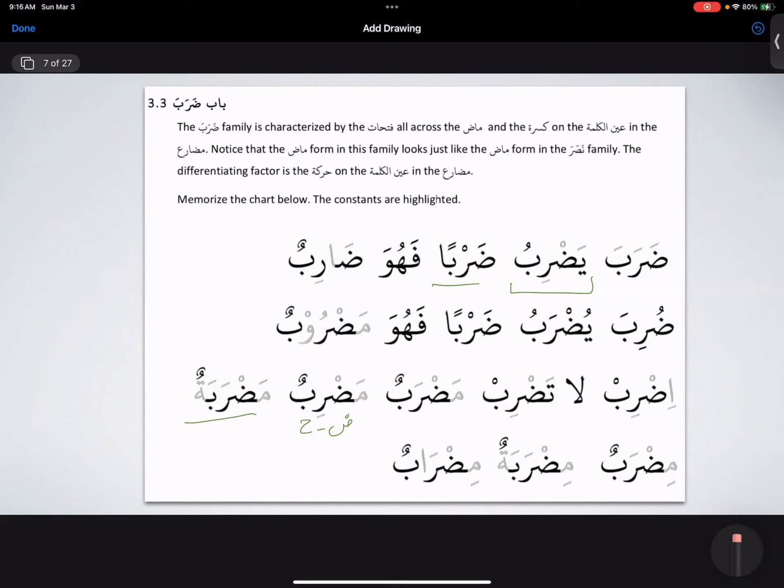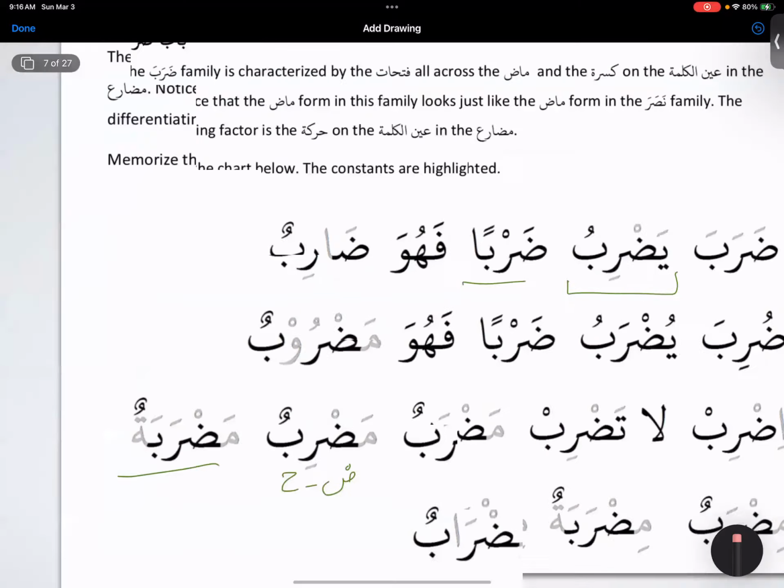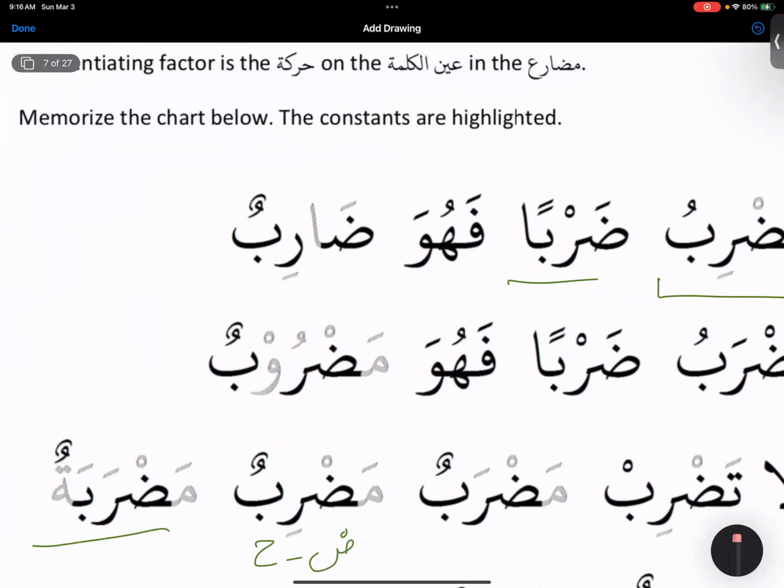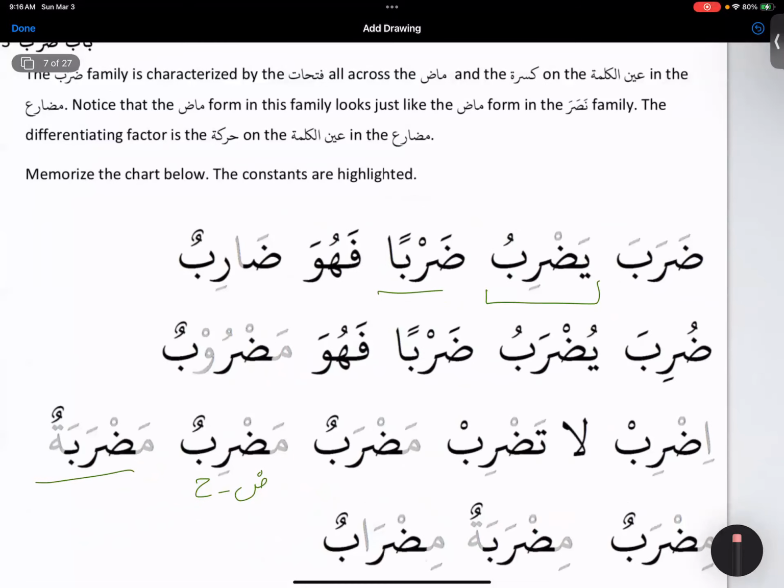Okay, so then daraba yadribu darban fahuwa daribun. Basically now you need to pay attention to the ism file. For darban, there is no set pattern. We're not going to put all of the daraba family on the darban pattern, rather it could be different. So for masdar, there is no certain pattern.